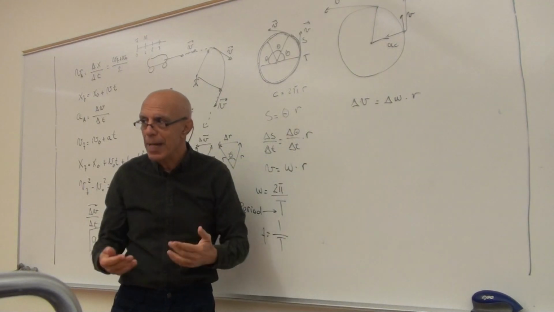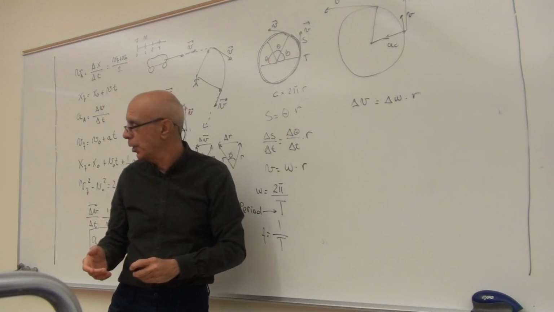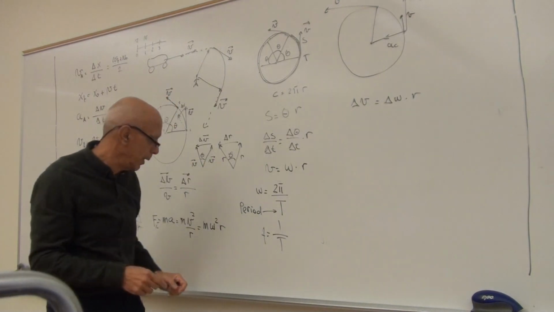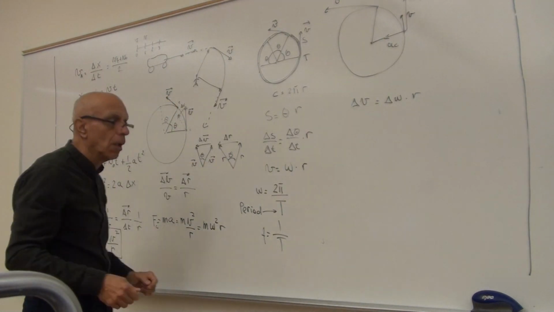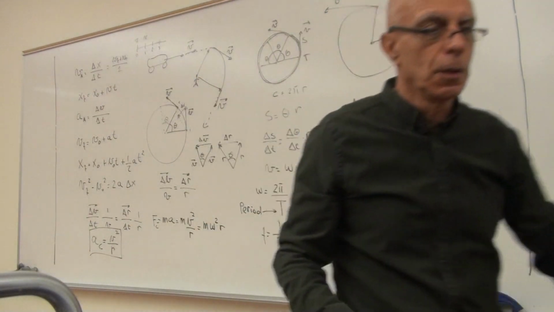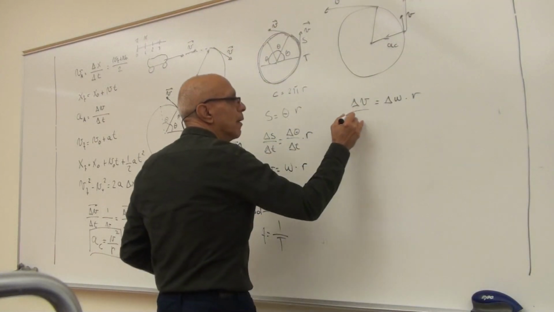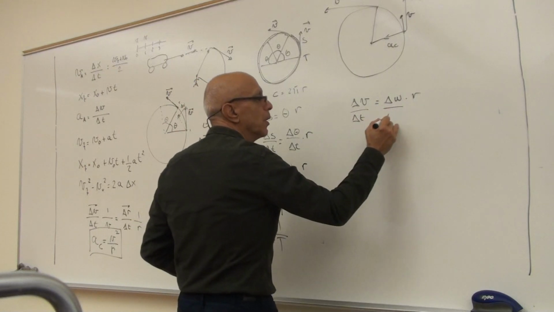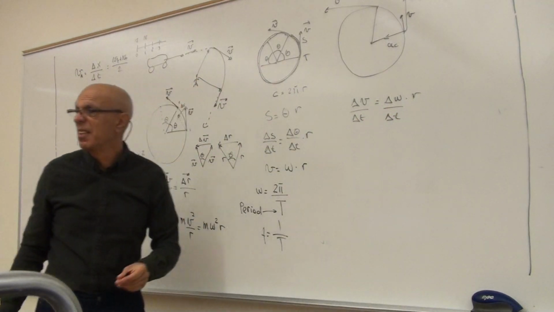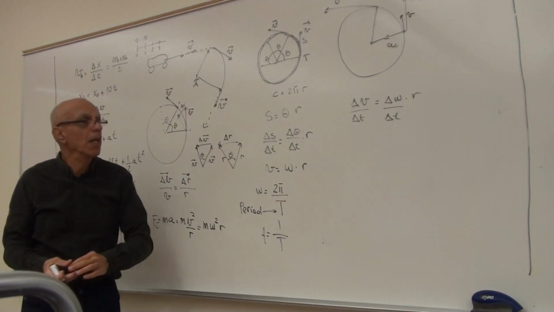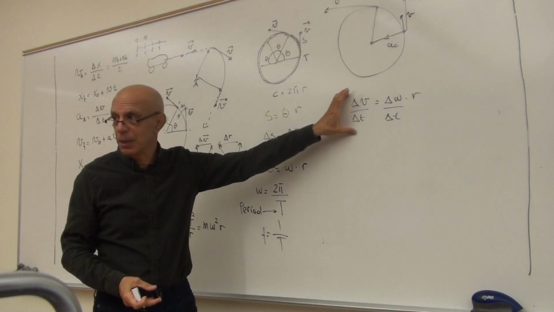Now if I want to relate to the acceleration, I divide here by delta t, and here is going to be delta t. Because I want to know this acceleration now.